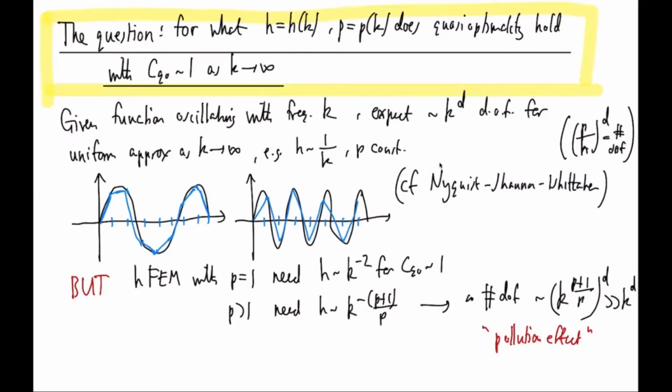What I'm asking is, would Kirill be right if you were to take a smaller domain as you take h smaller, it actually changes the problem? In other words, is the fact that you need to take k squared actually due to a global effect rather than a local effect?